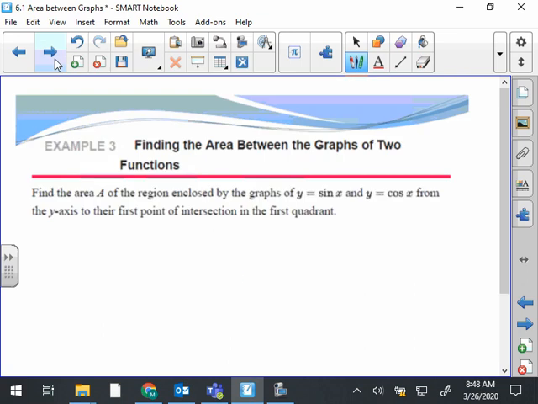So we want to find the area, okay, from 0 to pi over 4, and remember the cosine was on top.